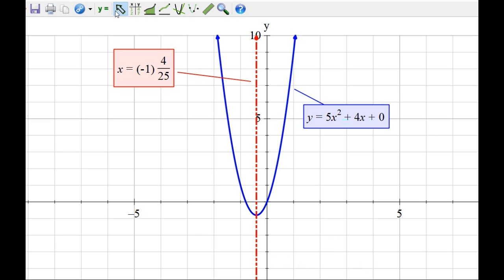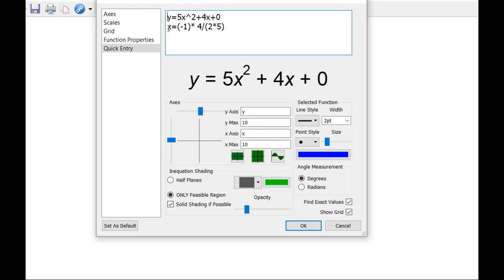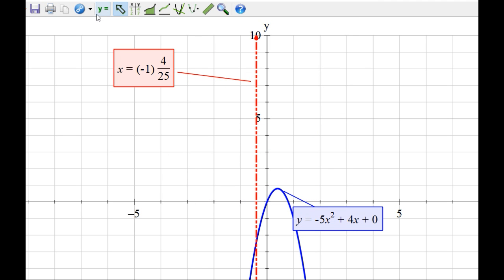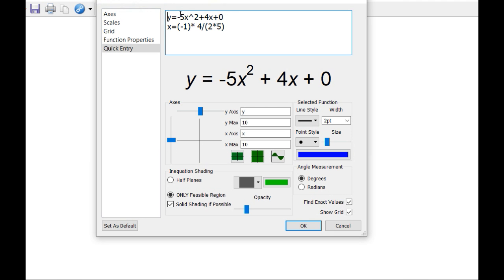It also works if that is -5. Hang on. Does that become a -5 there? Let's just have a look, shall we? Yes, I reckon that does. The sign, -5, follows it down to here.